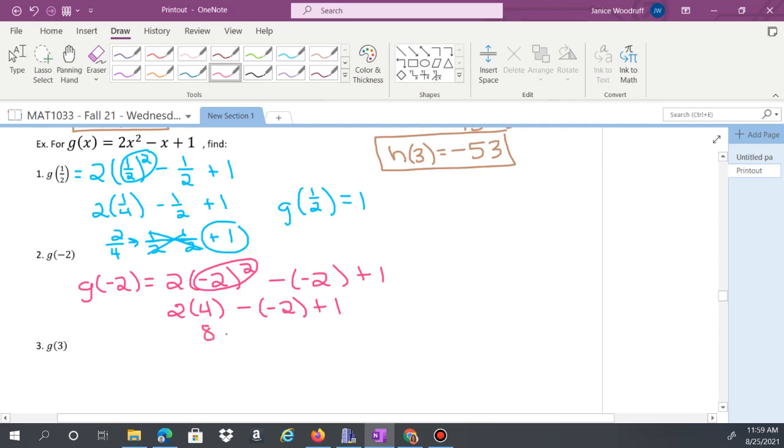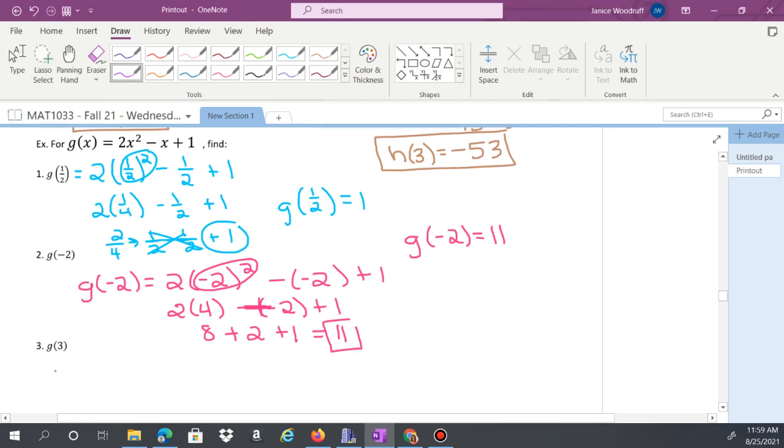Minus a negative 2 is going to be plus 2 plus 1. So 8 plus 2 plus 1 gives us 11. So this double negative right here turns into a plus. So g of negative 2 equals 11.